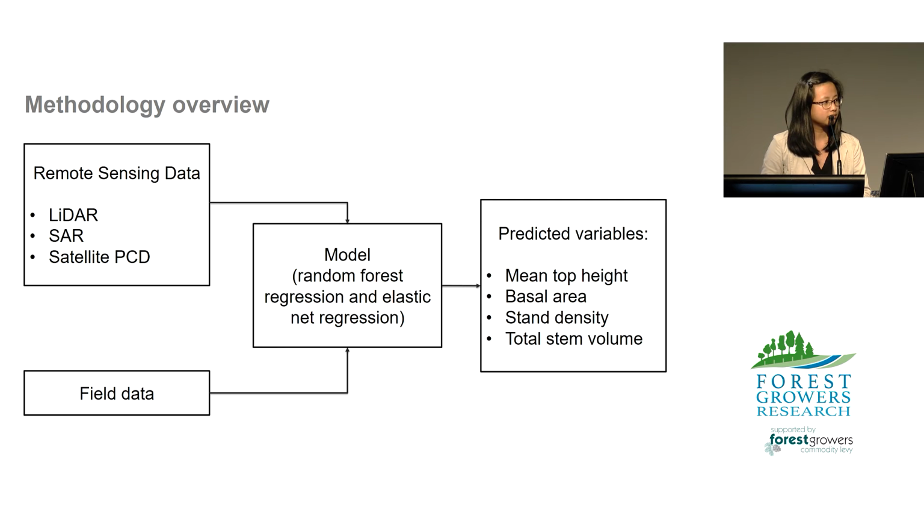It is an ensemble of large decision trees, while the elastic net regression model was used for the satellite point cloud. So this is a regularized regression model that penalizes complexity. So our predicted variables are the 4 ones. So that's the output, the main output of the models.